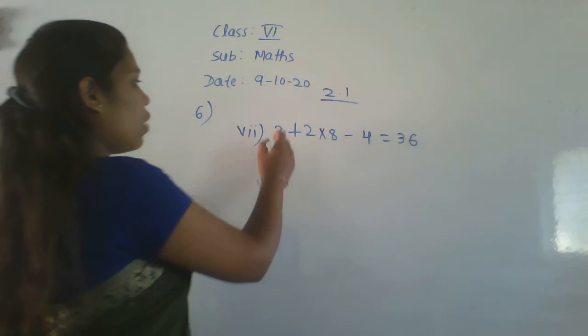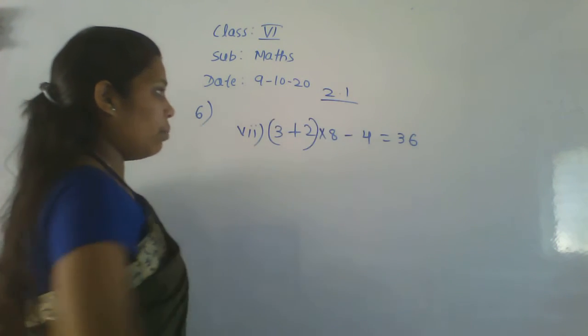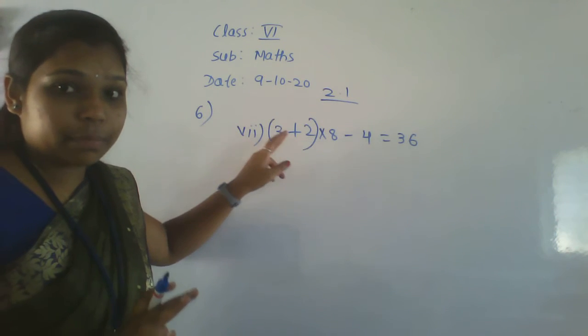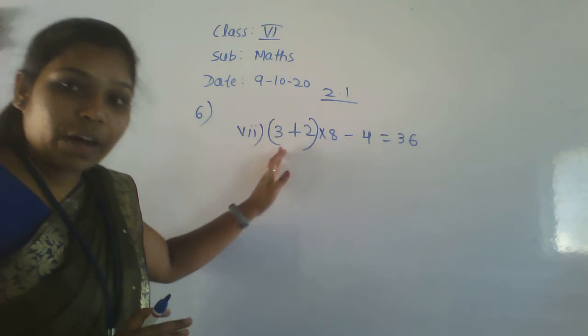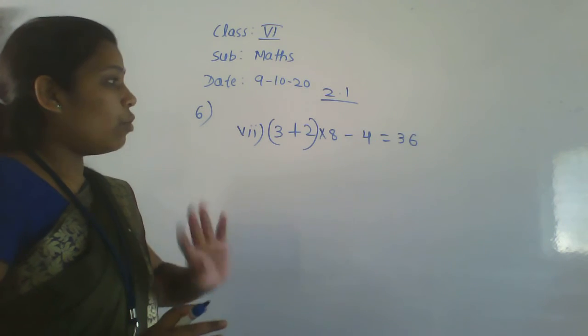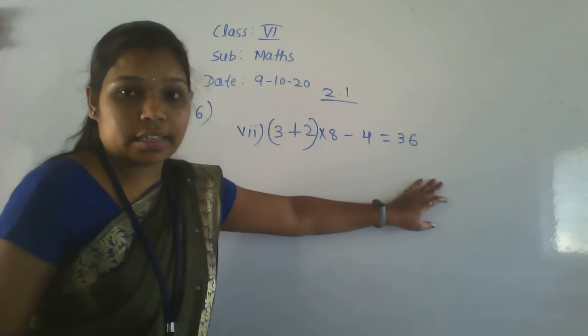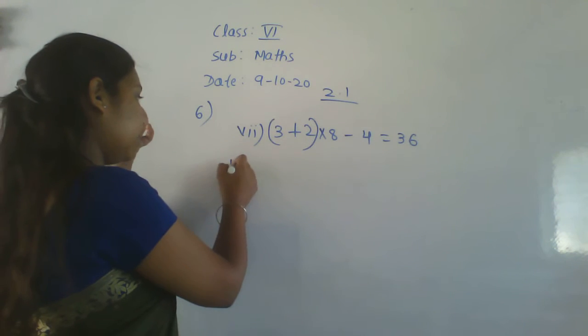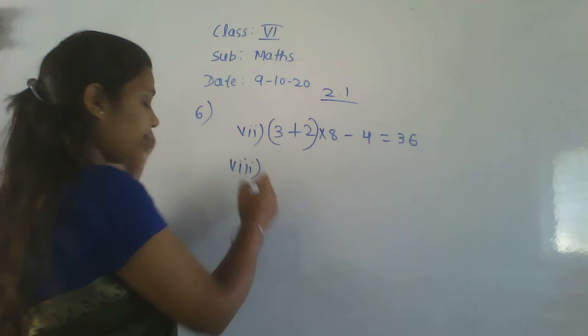Right? So we have to put a bracket for these two numbers. First we have to solve the bracket, then the multiplication. Getting everyone? Okay, fine. Next one, go for the 8th one.